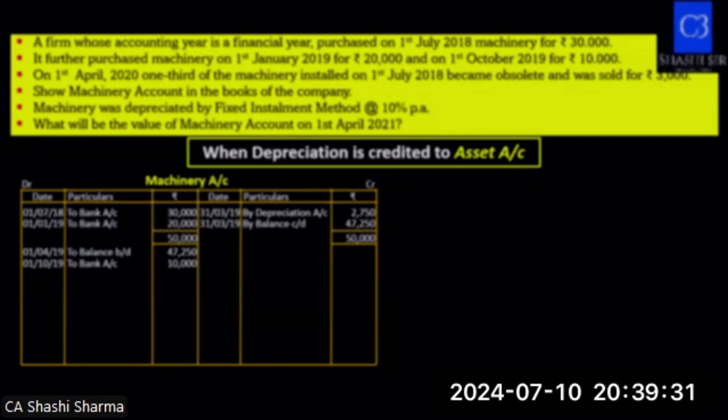What should be the amount of depreciation that will be credited to this account in the second year? Come on, speak up. The amount will be 5,600. 5,000.